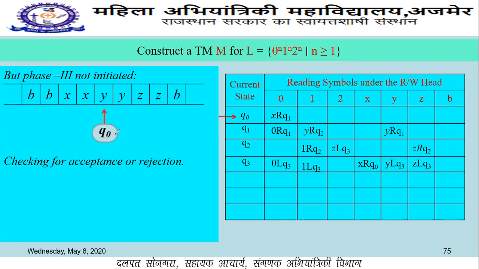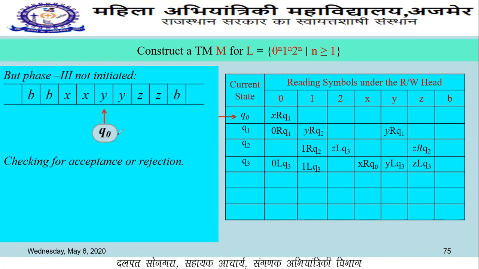This time we change to the opposite turn, meaning we do not enter phase 1 or phase 2. We are taking another direction, and in that direction we just check for acceptance and rejection. If in this direction, on the right hand side, we do not find any remaining 1 or 2, it means the numbers of 0s, 1s and 2s are equal, so we declare acceptance.